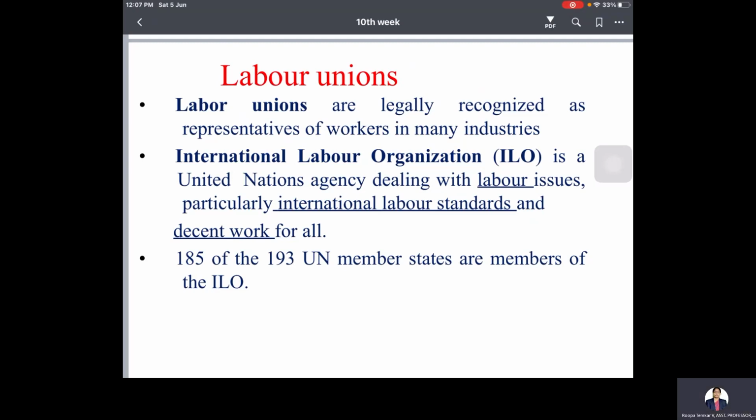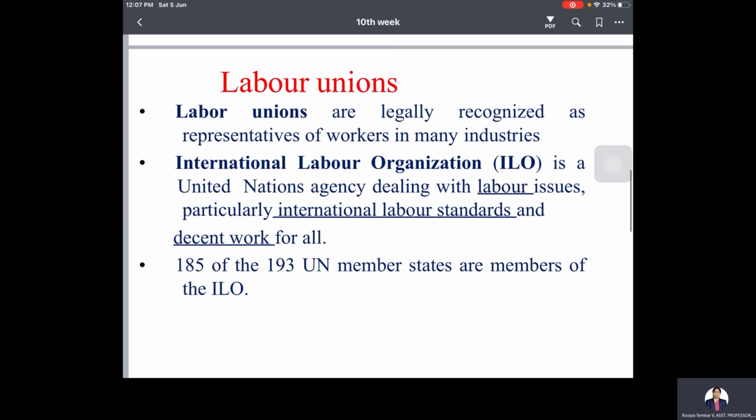Now let us understand what HRIS is. HRIS is Human Resource Information System, which is also known as Human Resource Management System. It is basically an intersection of human resources and information technology through HR software.